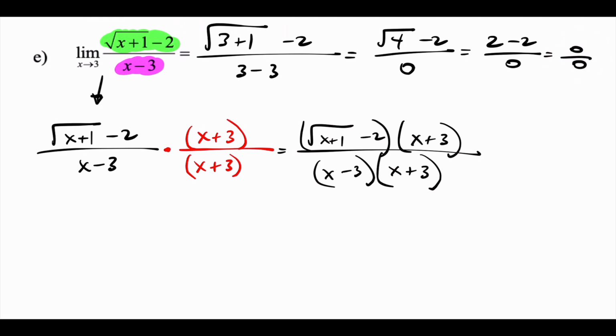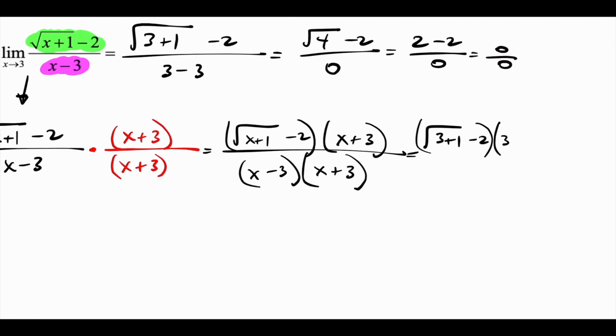Okay, so now let's try to plug in 3 again and see if we get anything different. If we don't, we'll go to plan B. But if we do, we're done. So let's see. On top, I get square root of 3 plus 1 minus 2. And then 3 plus 3.